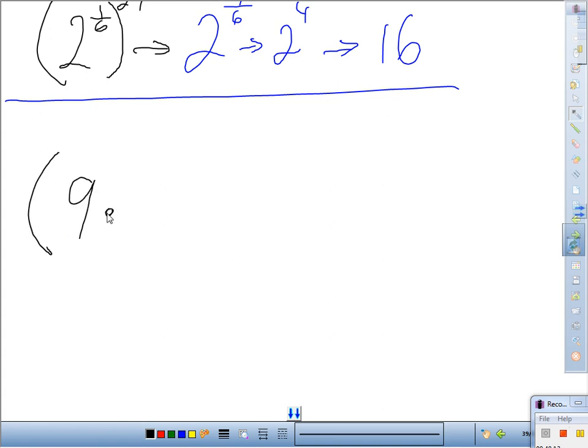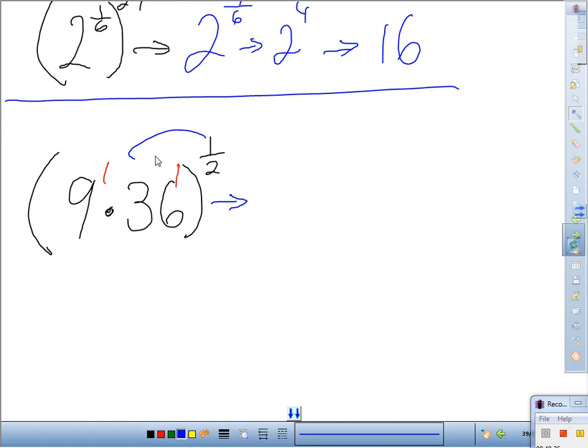Parentheses, 9 times 36, close parentheses, to the 1/2 power. Don't say it out loud. These don't have exponents, so what do I write? 1. Bam, bam. And now we know what to do, yes? All right, let's see.